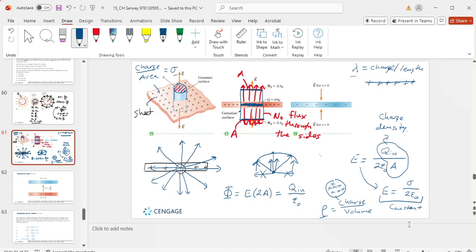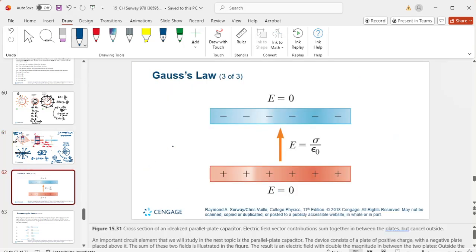And so effectively, if you're at the center of a large plate of charge, you're still going to experience this more or less constant field. So this is a really good approximation for certain circumstances, not the least of which is one of the most important things we're going to study this semester, which is the capacitor.